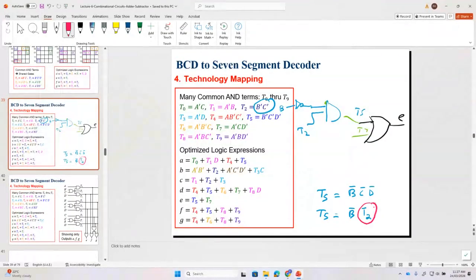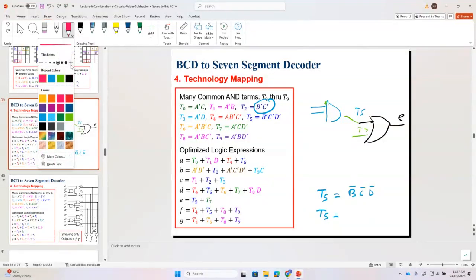Red color. Professor, T2 shouldn't it be D bar? Because T2 is B bar, C bar, yeah. Oh yeah, you're right.